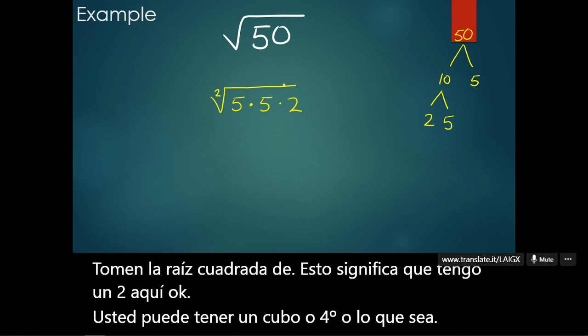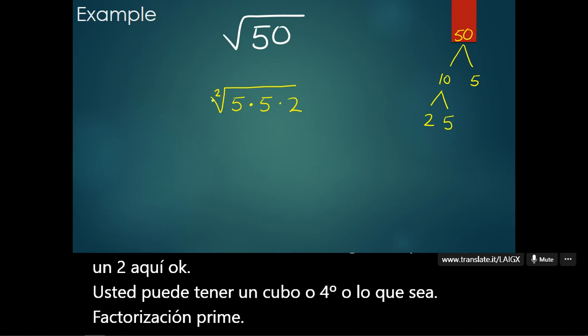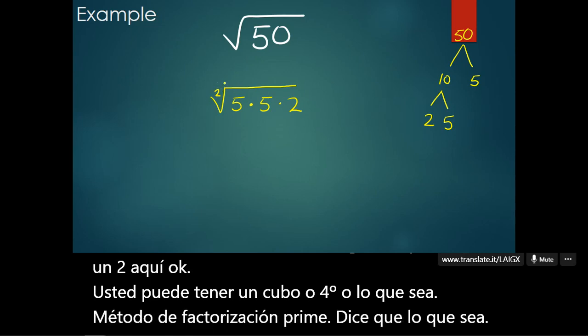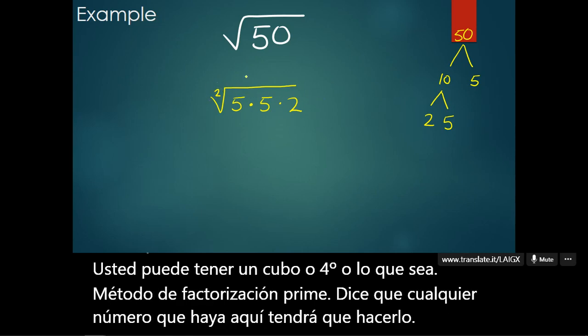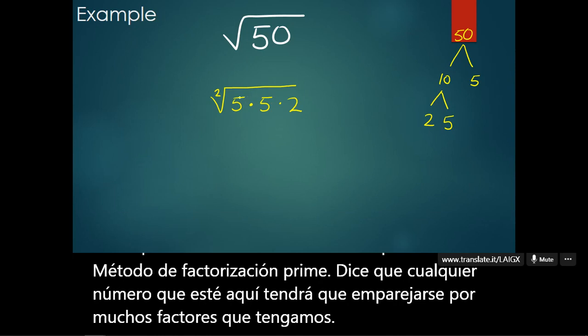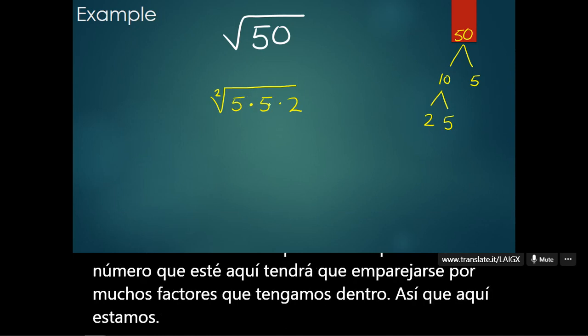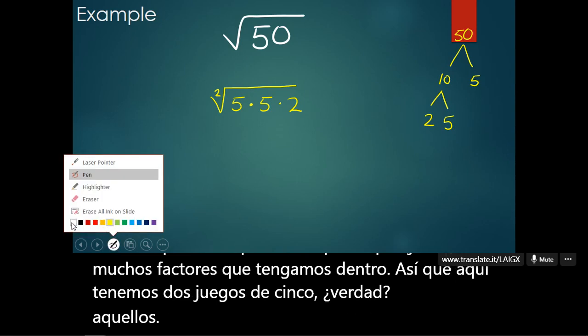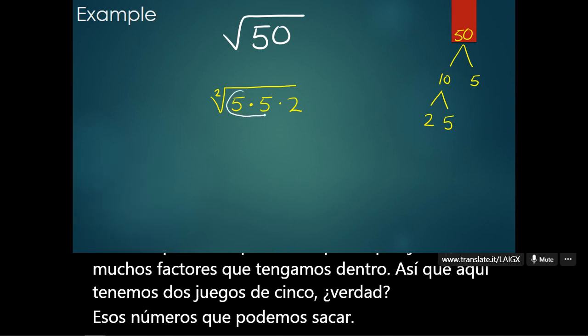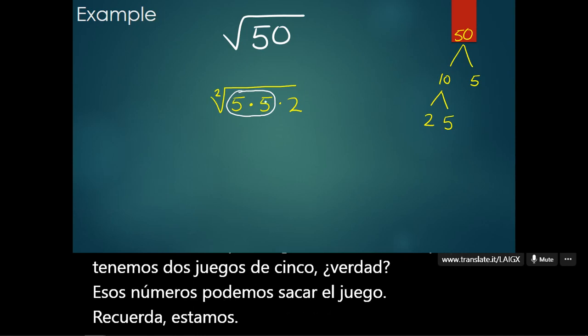The prime factorization method says that whatever number is here, we'll have to pair off however many factors we have inside. So here we have 2 sets of 5, all right? Those numbers we can pull out, okay? Remember, we're making groups of 2. We can pull that out.